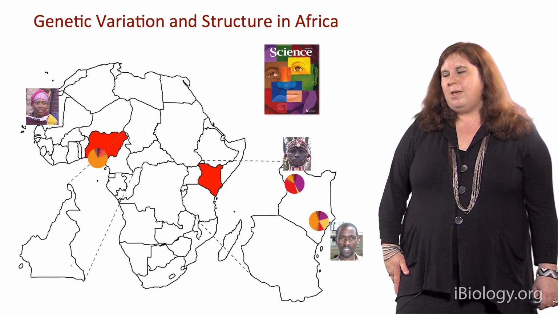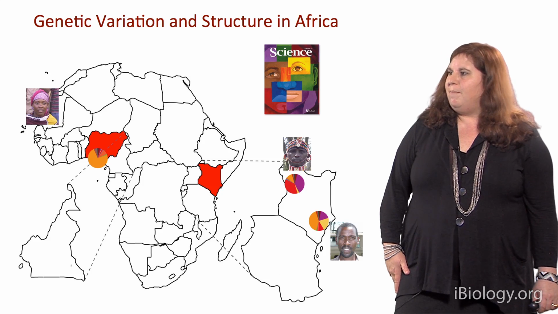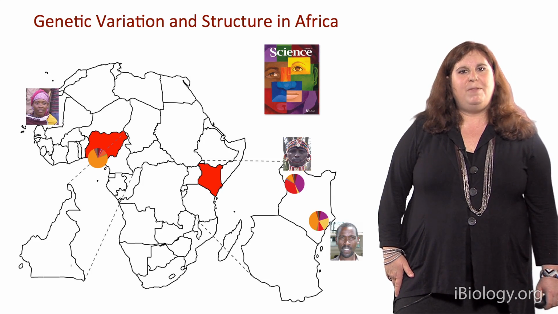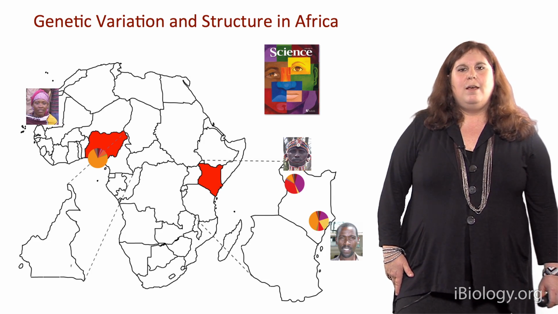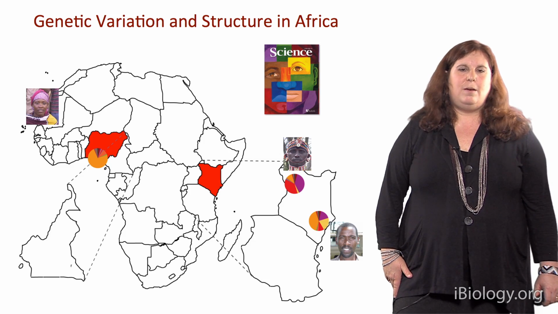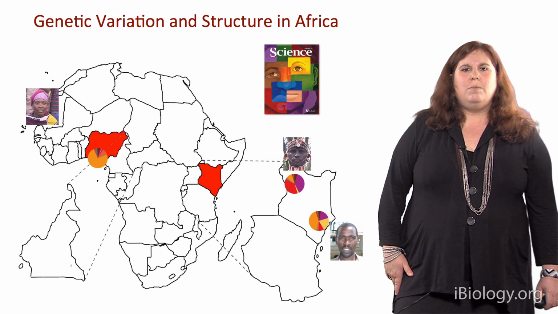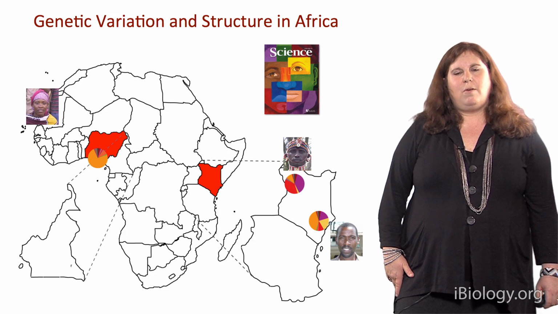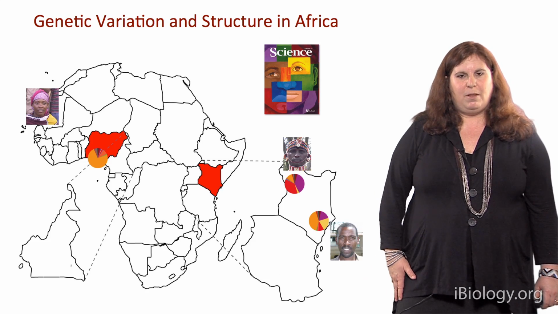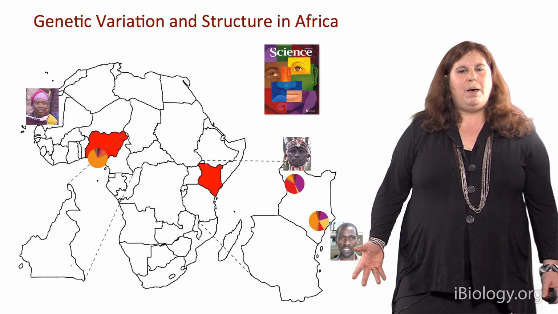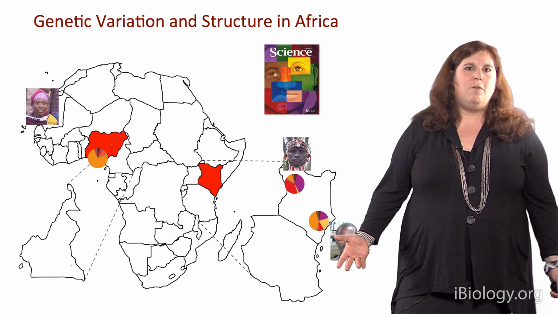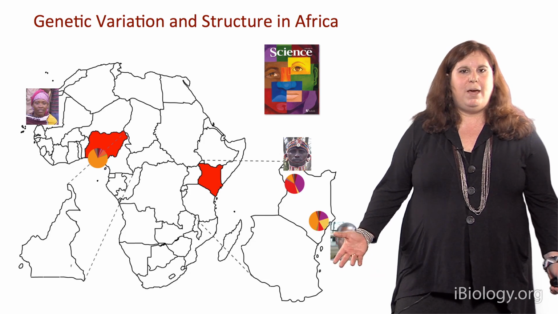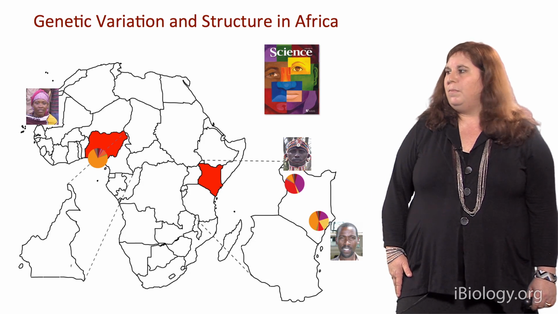Now, first I'm showing you the 3 populations that have been studied as part of the HapMap and 1,000 Genomes initiative. These are NIH-funded programs to characterize genetic variation across ethnically diverse human populations and making that data publicly available so that it could be used by a wide range of biomedical research scientists.